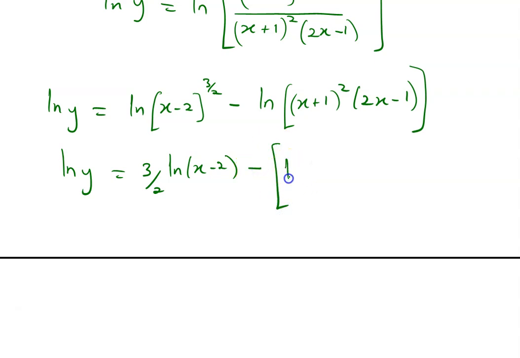ln of (x plus 1) squared plus ln of (2x minus 1).